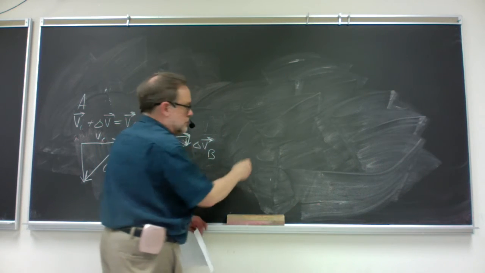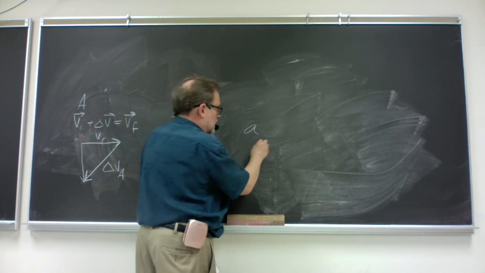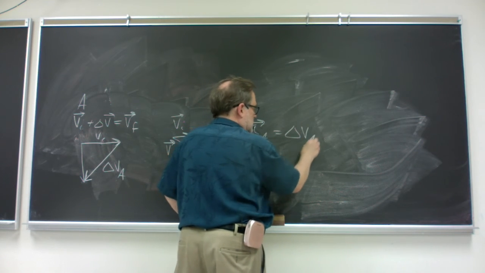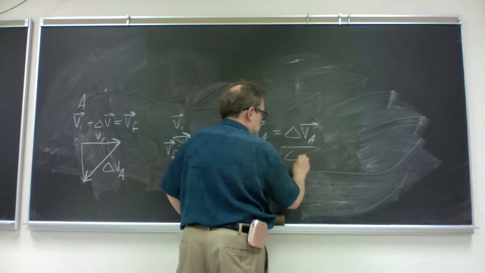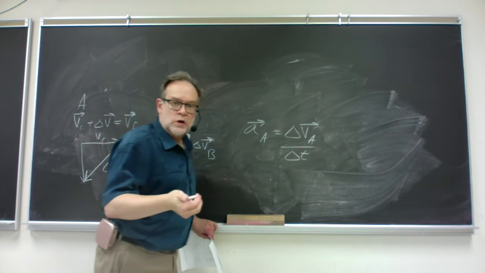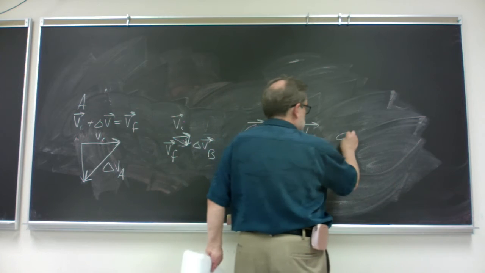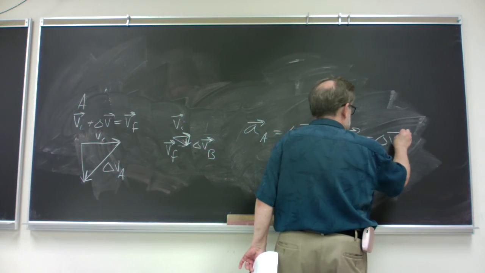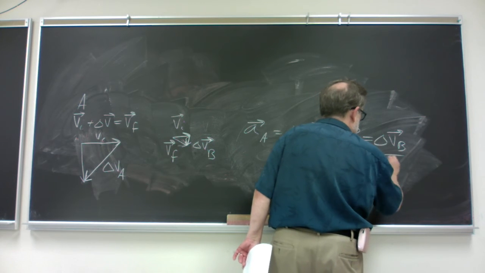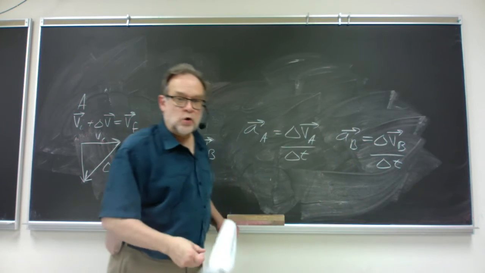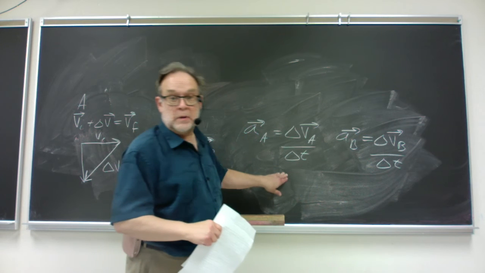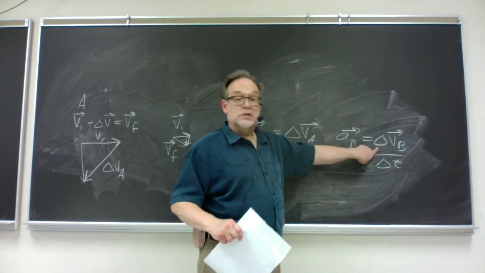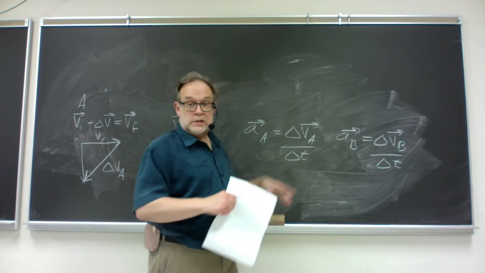So the acceleration for A is just A's velocity change divided by the length of time you spent watching A, and B's acceleration is the velocity change for B divided by the length of time you spent watching B, which was the same amount of time as A. So same denominator here, but this is much smaller than this.